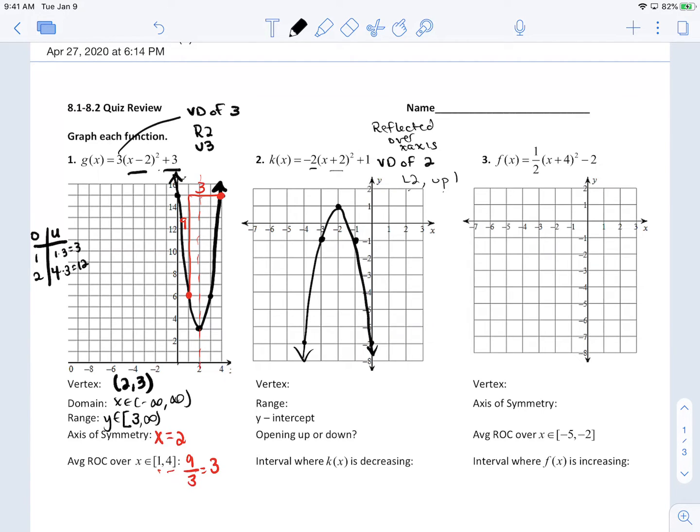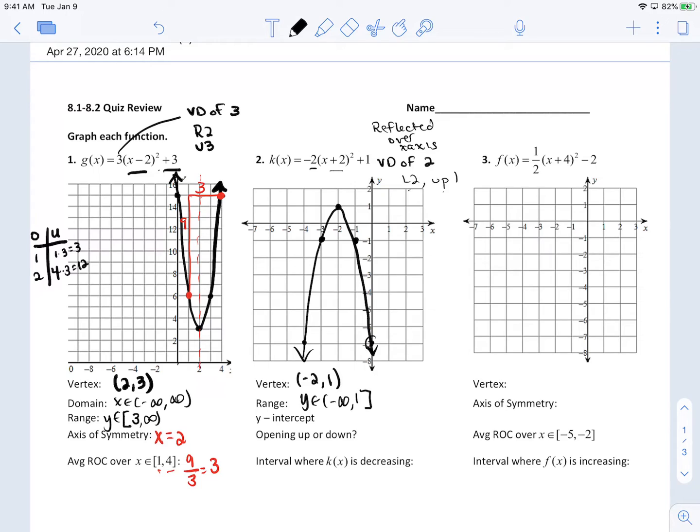All right, so there's our quadratic. That point we plotted to start, that's our vertex at negative 2, 1. Our range, it's opening down, so it's not going to infinity this time, it's going towards negative infinity. And our highest point is 1, right? And we use a bracket there.